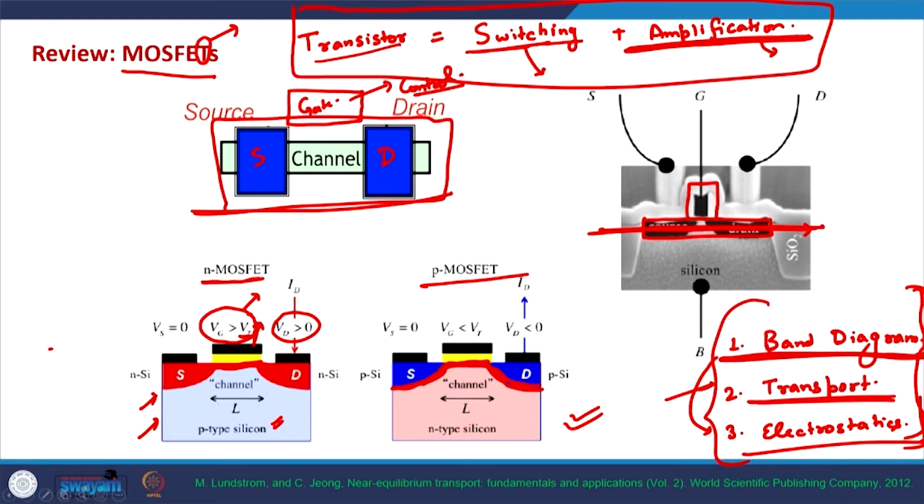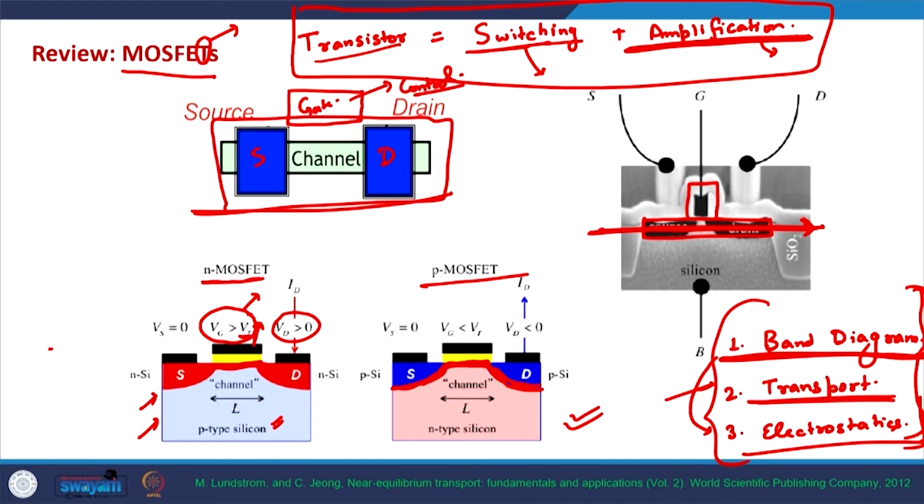Since MOSFET is a 3-dimensional device, we can try to understand, we can see the band diagrams in different dimensions, in different orientations, and that will give us different information. But the most important direction of operation of MOSFET is this one, from the source to the drain, because this is the direction in which the current flows.